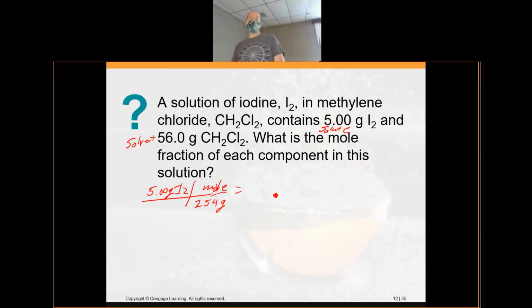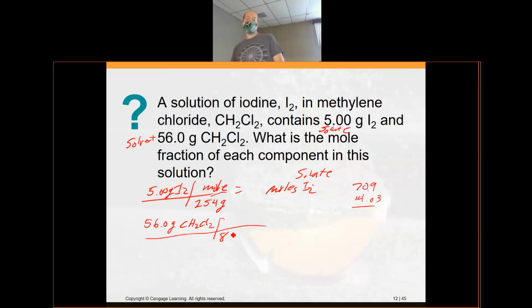All right, so that's going to give you your moles of iodine, which is your solute. And then you take your 56 grams of methylene chloride. You get the molar mass of the methylene chloride, 70.9, 14.03, 84.93 grams per mole.